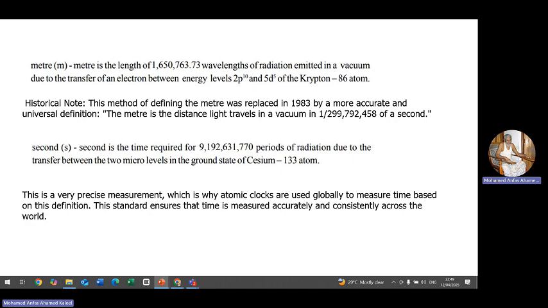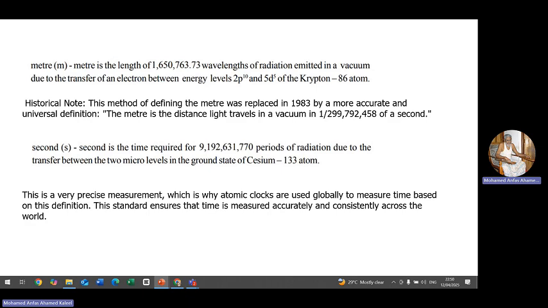Around the atom there are subcells, and micro levels of energy in the ground state. So the second is the time required for 9,192,631,770 periods of radiation due to the transfer between the two micro levels in the ground state.